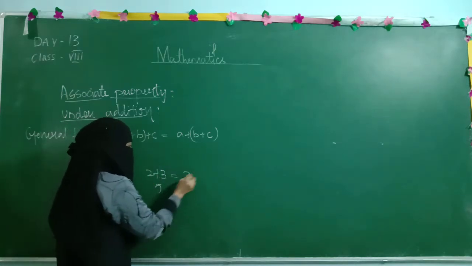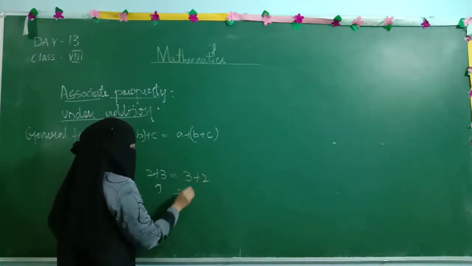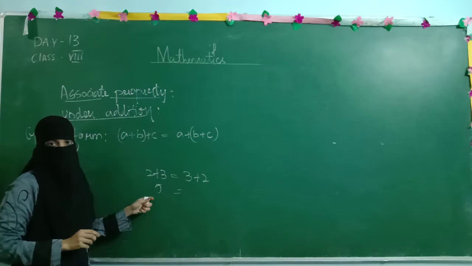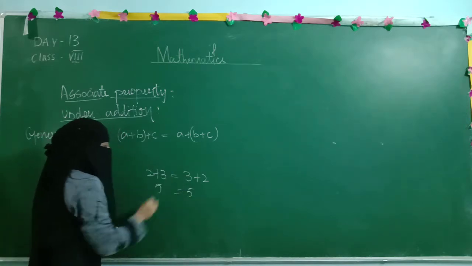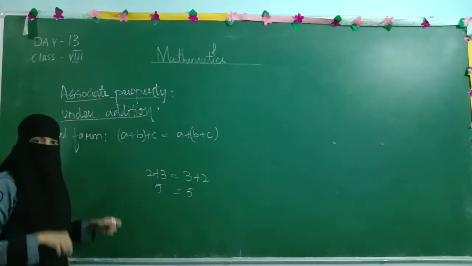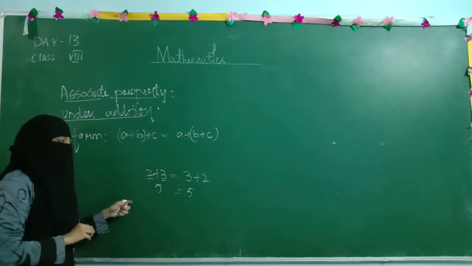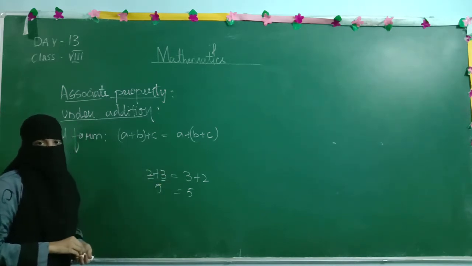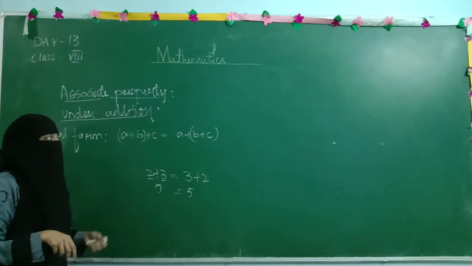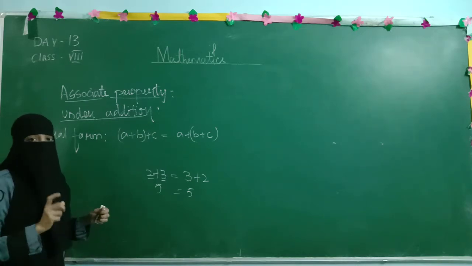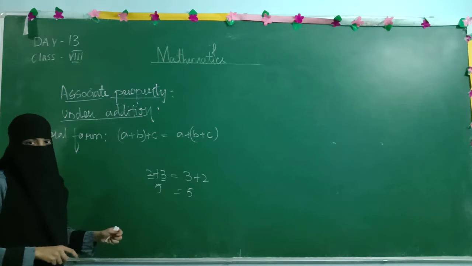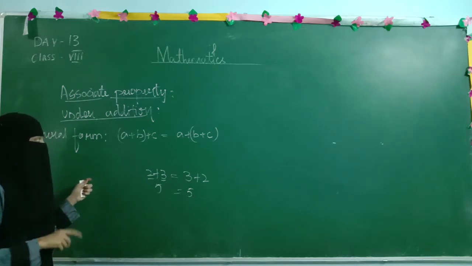Or if you add 3 plus 2, here also you are getting the result as 5 only. So we have observed that irrespective of their order, LHS and RHS both become equal. Based on that, we are going to check for rational numbers also, whether they are associative or not under addition.